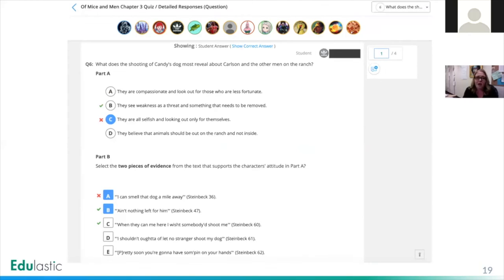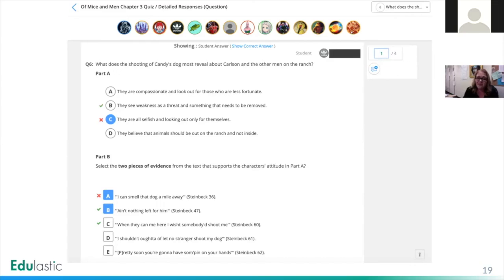This was a part A with a multiple choice and a part B with a multiple select. And the question was, what does the shooting of Candy's dog most reveal about Carlson and the other men on the ranch? I'm able to scroll through and see what all of my kids answered on this question, so that I can see that the correct answer was supposed to be they see weakness as a threat and something that needs to be removed.